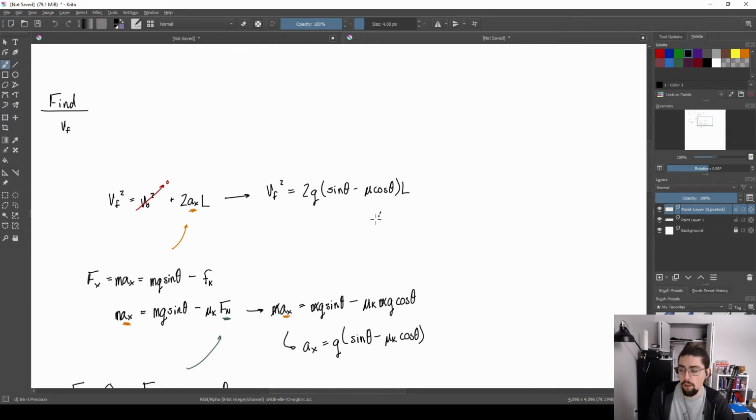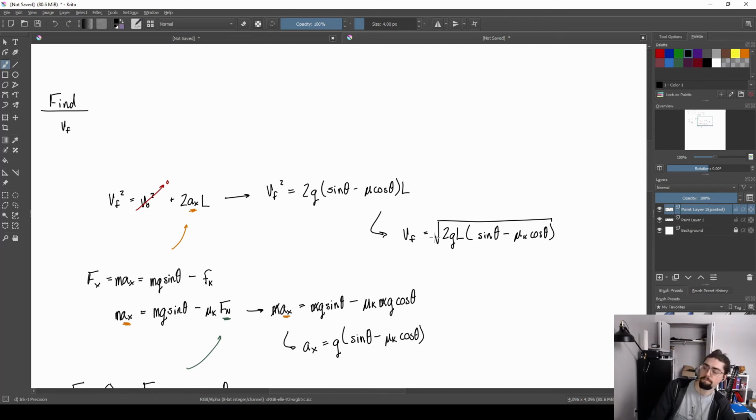I'm going to move the L over in the same way again, just because I like it to be close by. I'll put the sine and the cosine at the end. That is just my preference in writing, though. It doesn't mean anything for solving. Sine of theta minus mu cosine of theta, all under a square root. And that's my final expression.